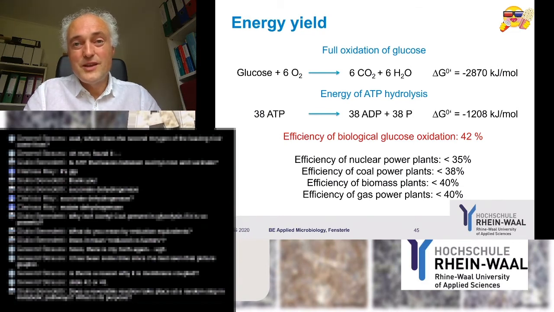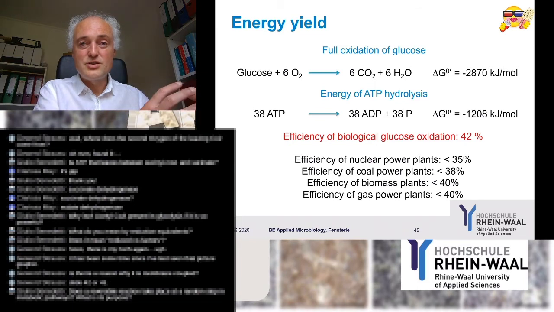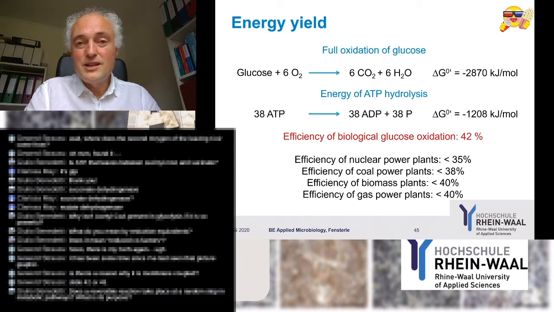We will look at that in more detail in bioprocess engineering. Despite the fact that it can do respiration, it does a fermentation reaction, so it produces ethanol from glucose, and you only get out 2 ATPs per molecule of glucose in this case, instead of 38.